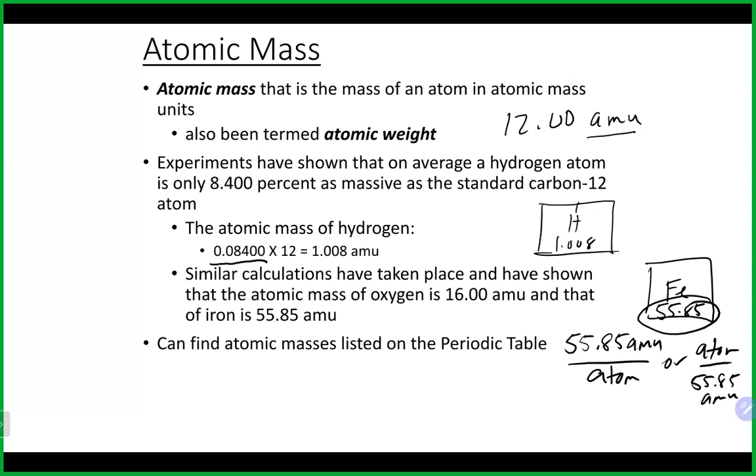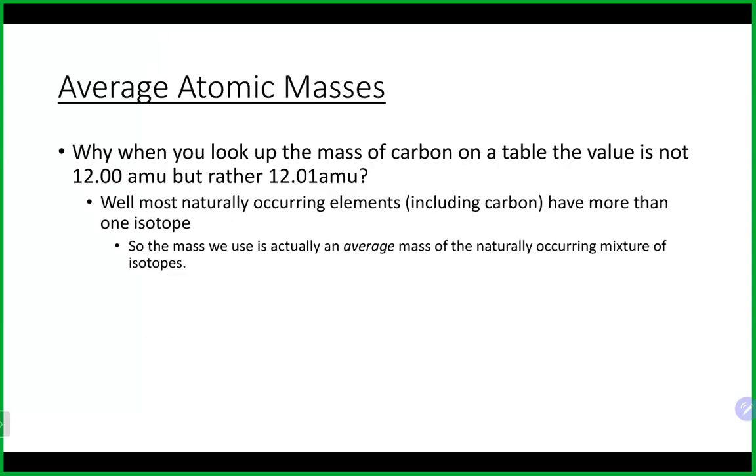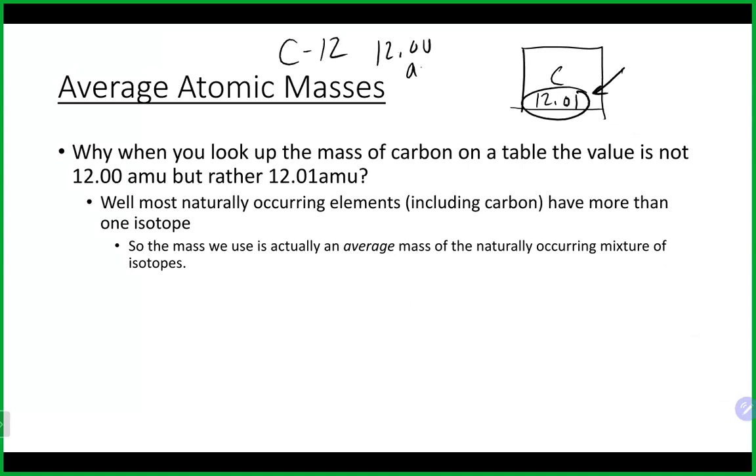You can find the atomic mass of everybody on the periodic table, which once again is not the mass number, but the atomic mass. Now, when you look at something like carbon on the periodic table, you may say to yourself, carbon says 12.01, but you just told me carbon-12 was the isotope they use as a standard that has a mass of 12 AMU.